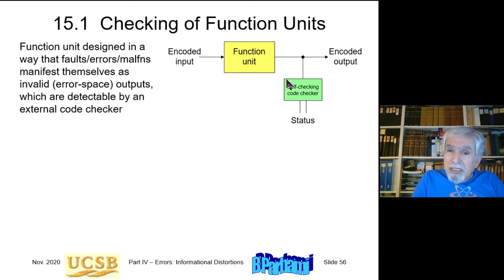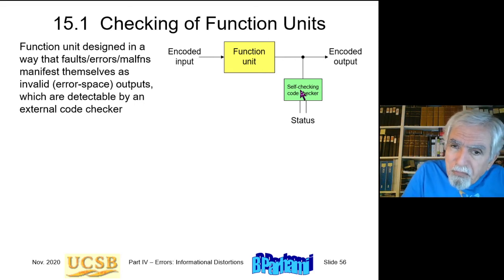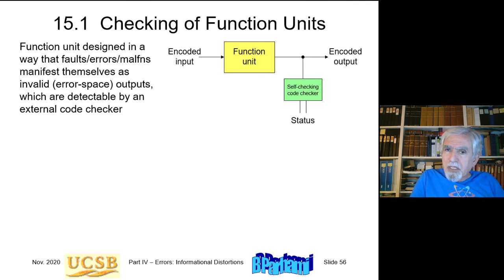Now, implicit in this design technique is that the function unit and the checker cannot both be faulty at the same time. This is a reasonable assumption because these are two separate units, and each of them has a very low probability of being faulty to begin with. So both of them being faulty has a tiny probability that we can ignore.